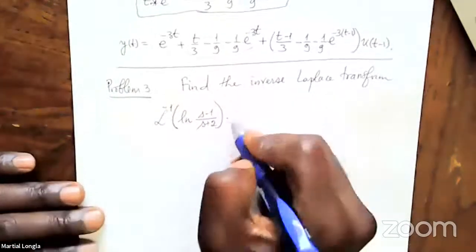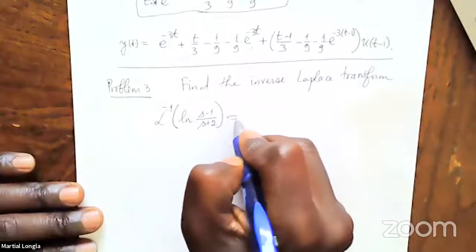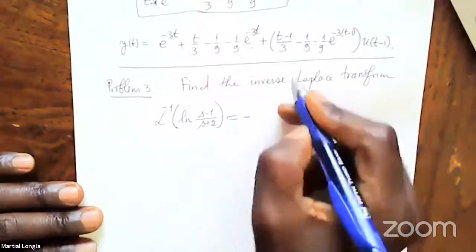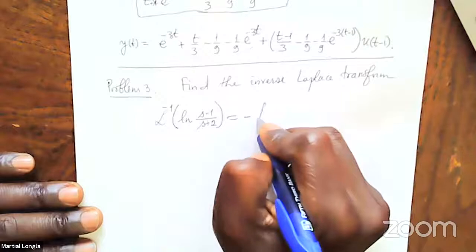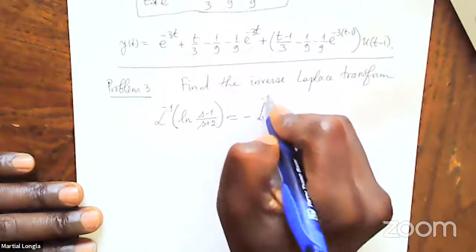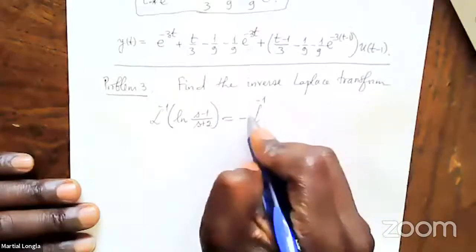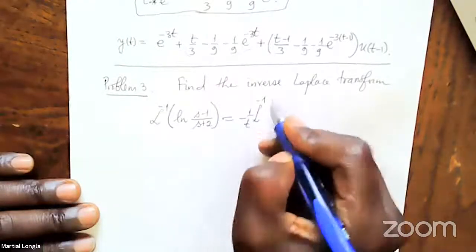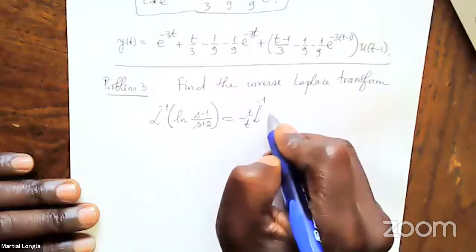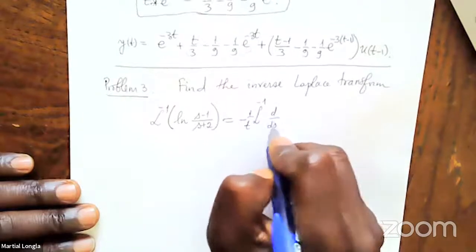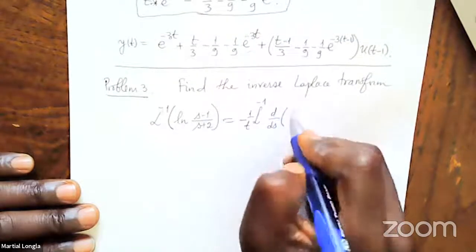So like we said, it's negative inverse Laplace transform, and that's negative 1 over t inverse Laplace transform of d over ds of whatever is inside.